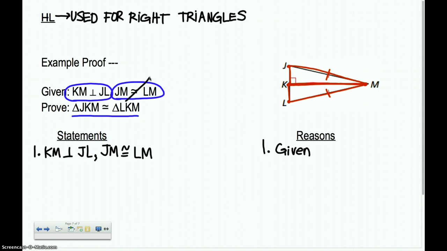How do we know that? Well, it's because of the right angle in the picture. Where does that right angle come from? Well, it comes from the other given. We got to go back to the given and make sure we suck everything out of it that we can. Because they're perpendicular, angle JKM and angle LKM are right angles.